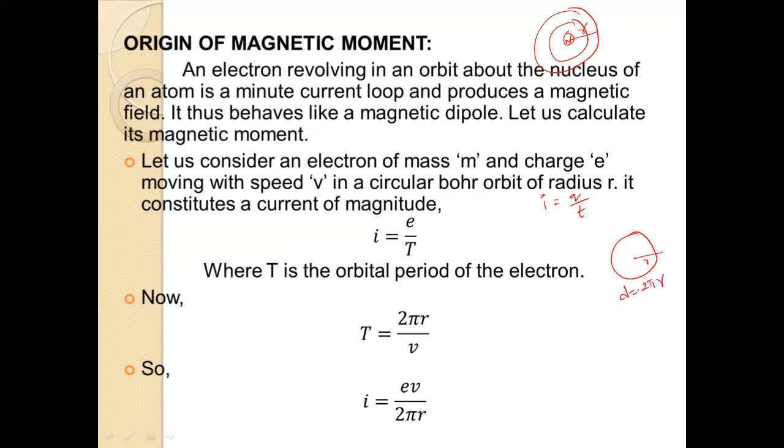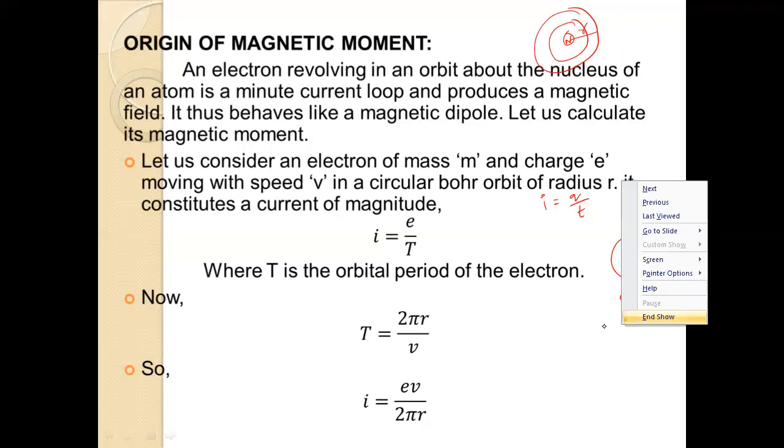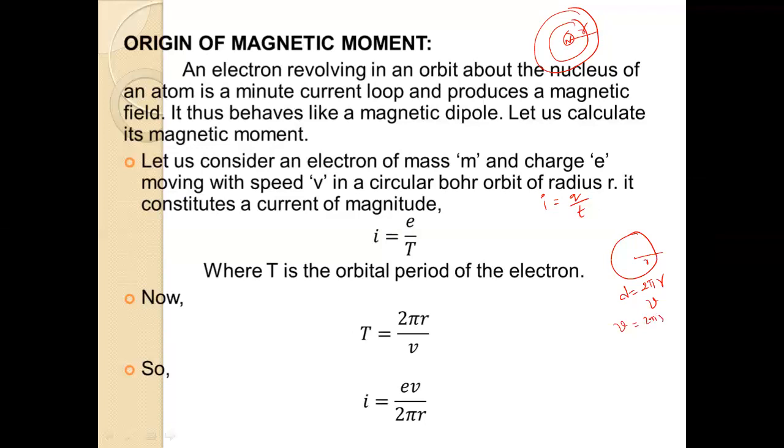This is the distance traveled with a velocity of v. Then velocity v is equal to 2 pi r by time, so time t is equal to 2 pi r by v. Substituting the same in the expression, I is equal to ev by 2 pi r.